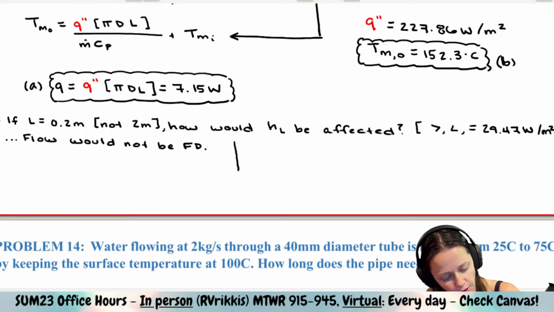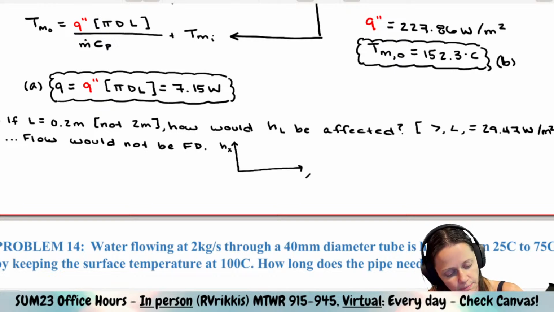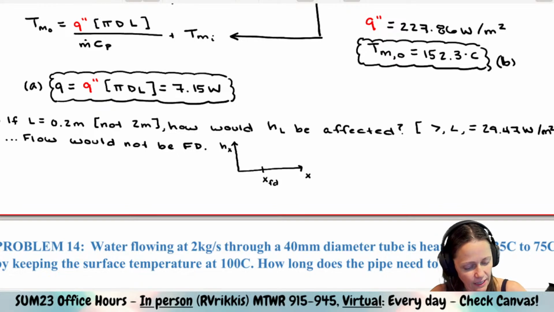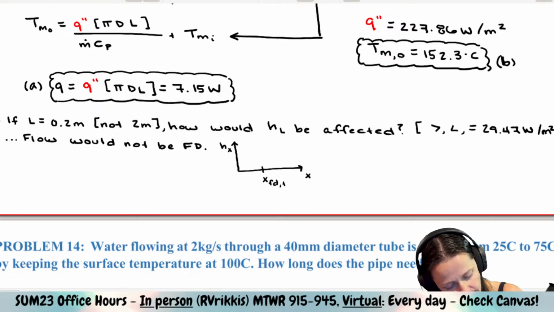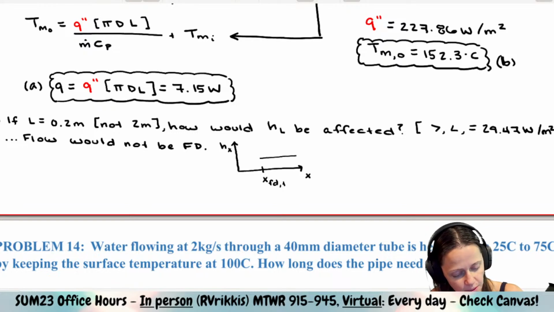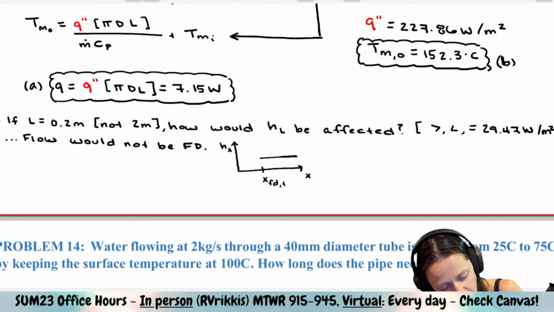If I look at the behavior of our local heat transfer coefficient, h, and we drew this before, I think yesterday maybe, the days sort of blend together, it's going to be fully developed right there, and it's going to be some constant. But before that, it's going to be like that.